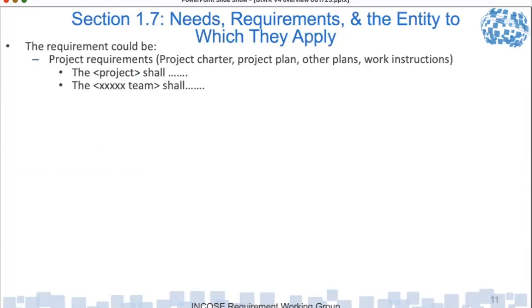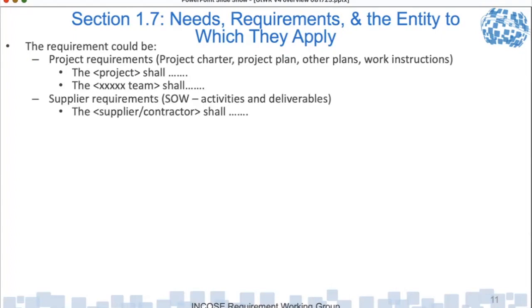One is needs and requirements and the entity to which they apply. So when you see the entity shell, it's very important that we're really clear in writing active voice. So we have project requirements, the project shell, project team shell. We have supplier requirements that are normally contained in a contract and statement of work.